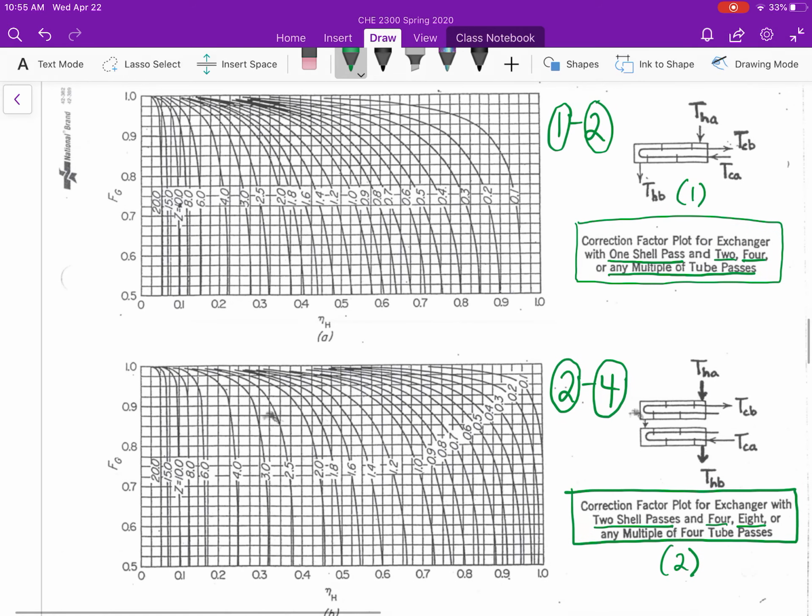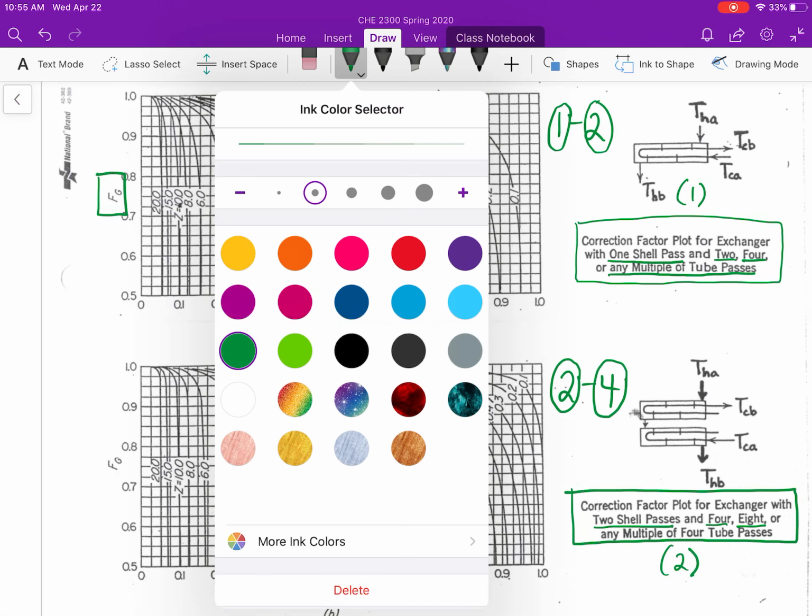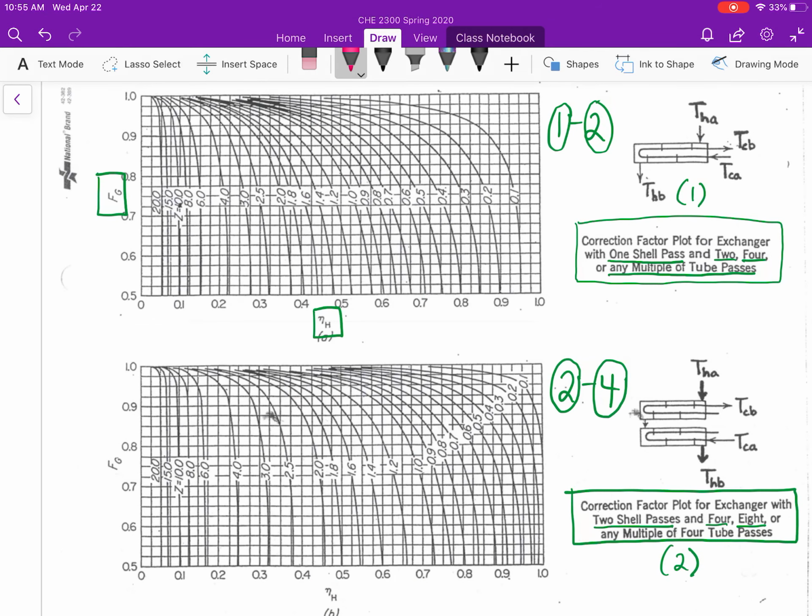And so if we know our heating effectiveness, we have that plotted on our x-axis. On our y-axis, we have the correction factor, and then these various lines that you see on our plot represent our Z parameter.